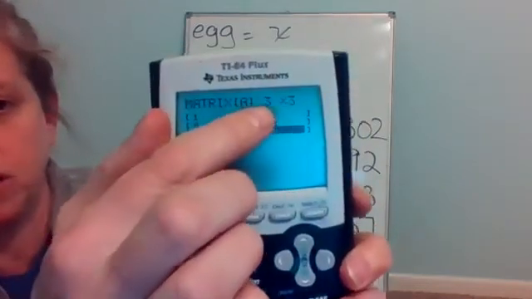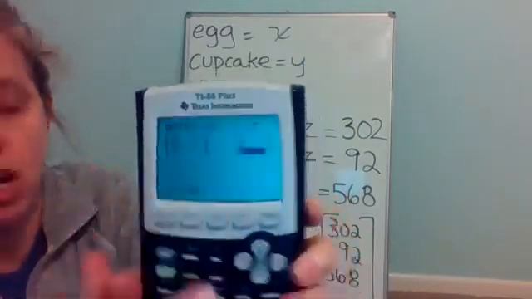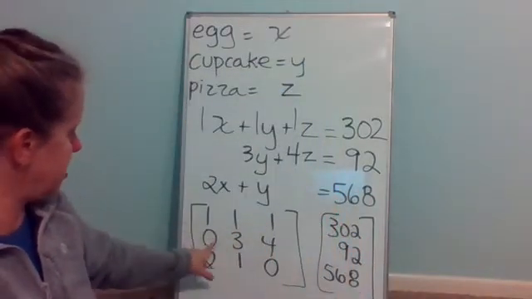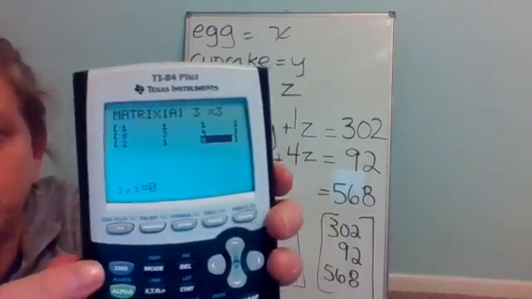Again, make sure it's 3 by 3 and that your 3 rows all have the same numbers as here: 1, 1, 1, 0, 3, 4, 2, 1, 0 before you move on.